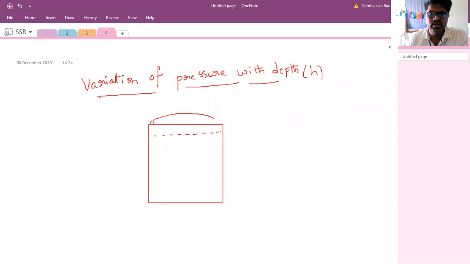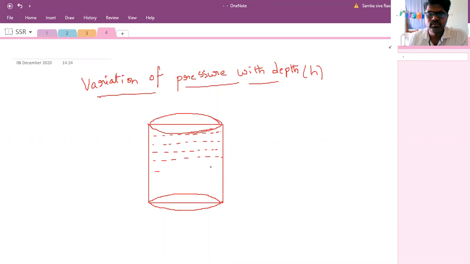Imagine this is a cylindrical shaped tub, with bottom and top. Now in that the liquid is filled, let us say some water. Are you clear on this? Now let us say capital H is the height of the container.